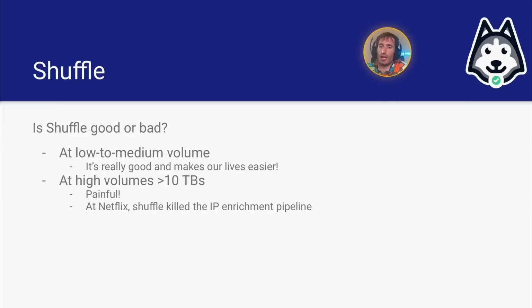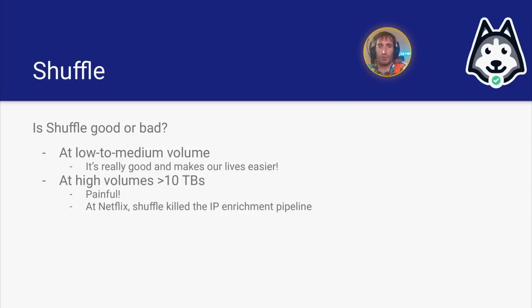And so I have an example here I want to go over real quick, and I'll send you guys the link to this. There's some writing online about it as well. One of the pipelines I worked on in Spark, the biggest pipeline I ever worked on in my entire career, processed about 100 terabytes an hour in Spark, and we had to do a join. Every row in this data set was a network request.